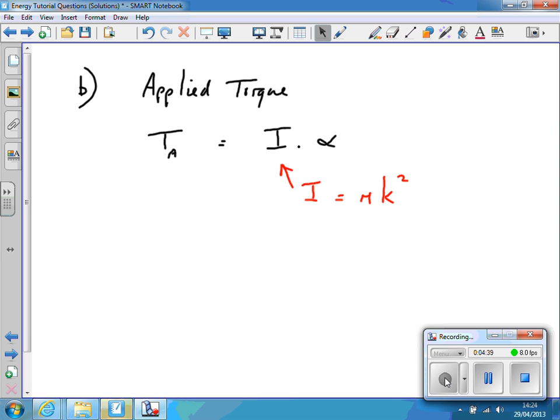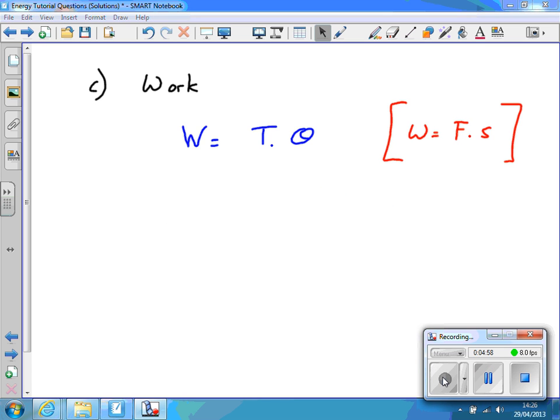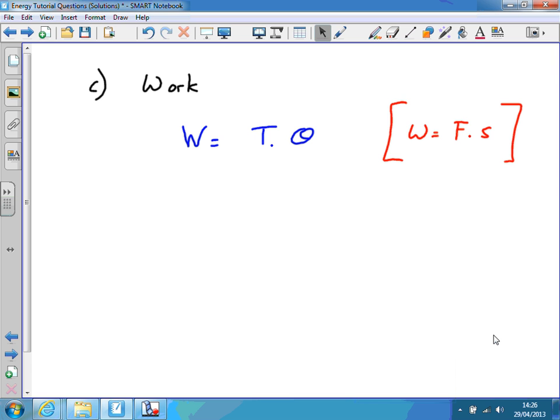And see how that might well have been a question in the exam, which might have said, find the applied torque, which would have meant you'd have had to go back and find alpha to be able to do that. And you should have come up with an answer of 7.7 Newton meters to 2 significant figures for the applied torque.